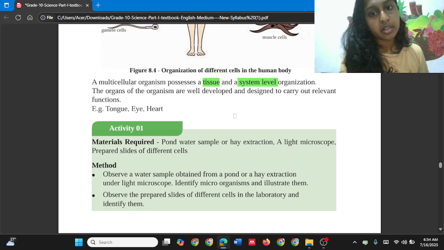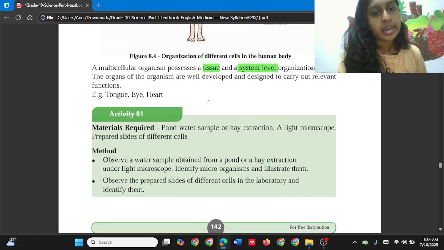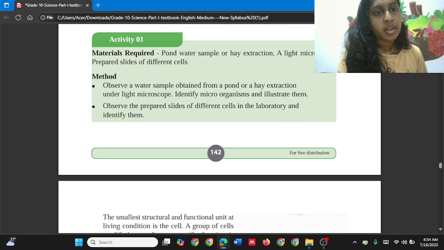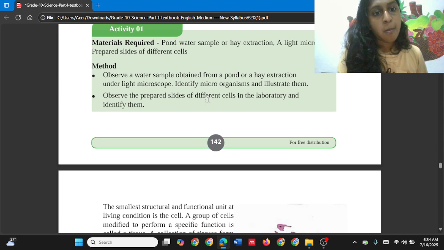Then here tissue level, system level. The organs of the organism are well developed and designed to carry out relevant functions. Tongue, eye, heart. Activity. Materials required: pond water sample or hair extraction, a light microscope, prepared slide of different cells. එතකොට මේ අර කලින් එකේදී බලන එක නේද? Observe a water sample obtained from pond or hair extraction under light microscope.